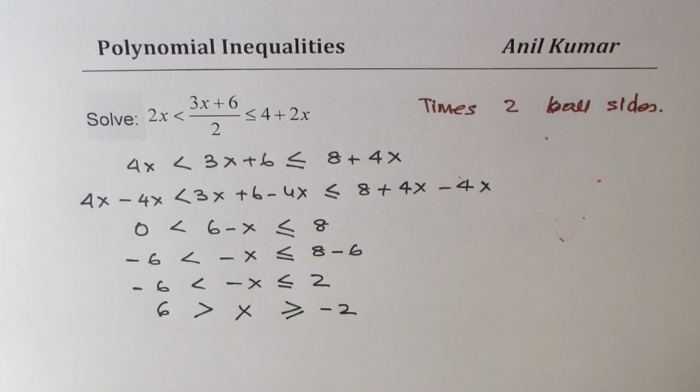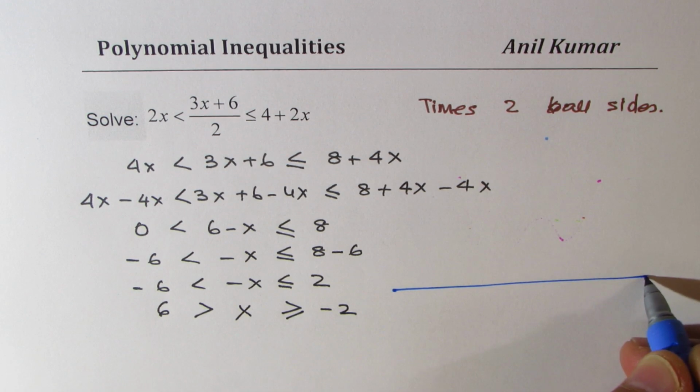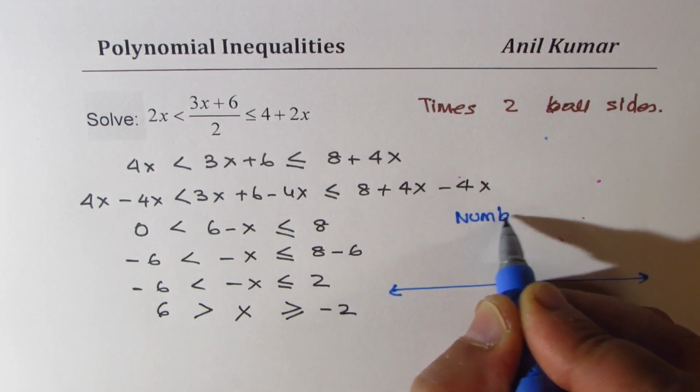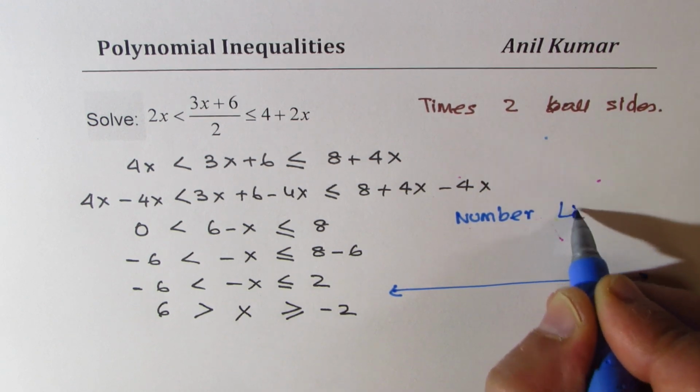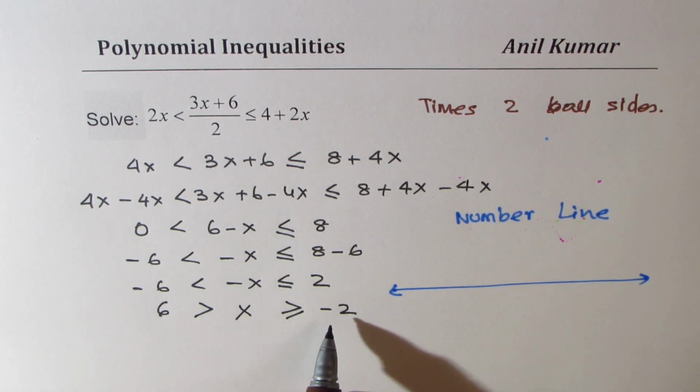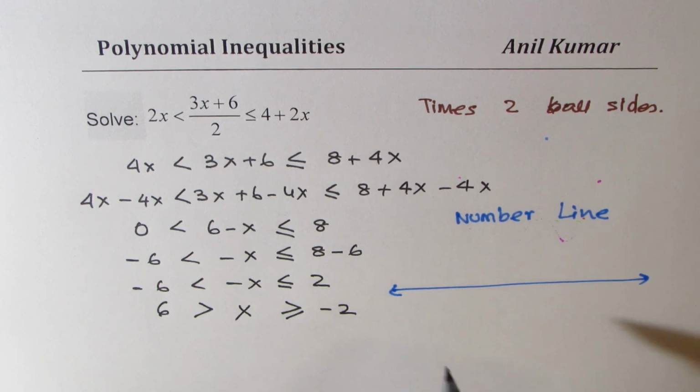Now at times you may be required to show the solution on a number line. So this time we'll show the solution on a number line. What we have here is that the value of x is between 6 and -2, where -2 is included. So right side of -2, right?